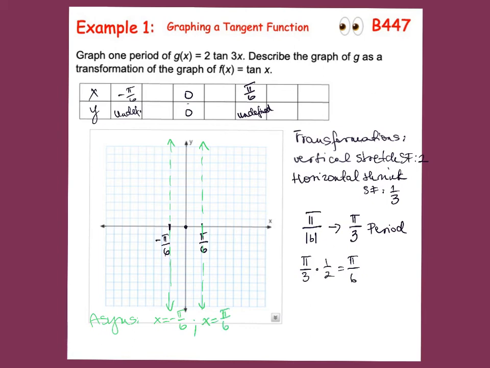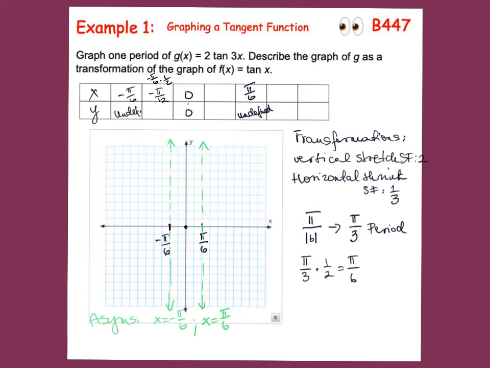So now we need to find the quarter points. So that means we are going to have to find a halfway point between negative pi over 6 and 0. So we need to find half of pi over 6. So the halfway point between negative pi over 6 and 0 is going to be negative pi over 6 times 1/2, which is going to give us negative pi over 12.